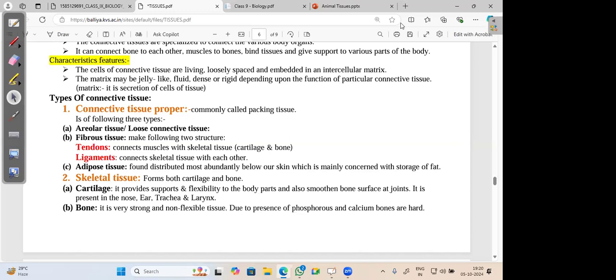Then, where do we find cuboidal epithelium? Lining of the kidney tubules. Very good. Ducts of the salivary glands. Very good. And where all do we find the columnar epithelium?